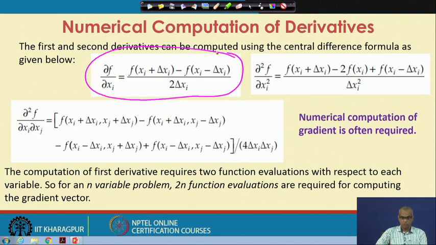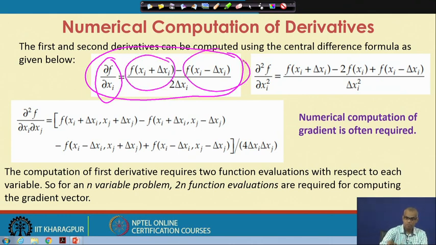So, we can realize that for computation of the first derivative, it is necessary that we evaluate the function twice. So, the computation of the first derivative requires two function evaluations with respect to each variable.